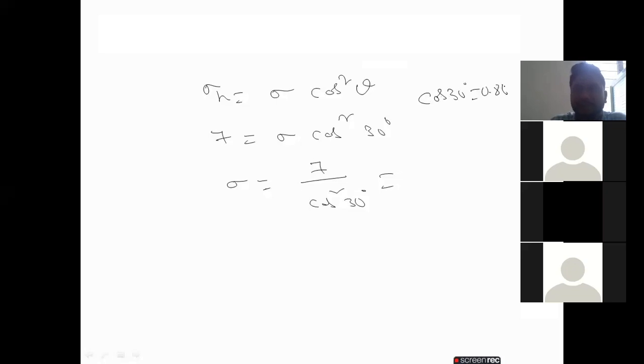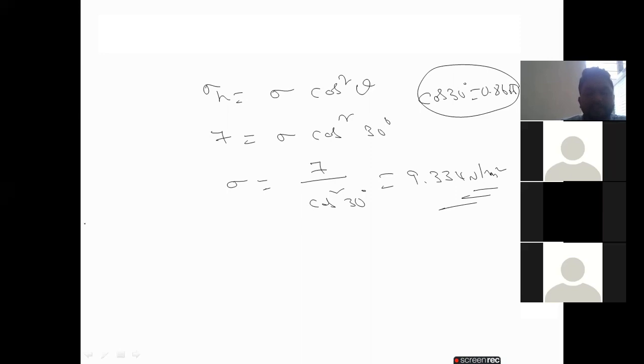Cos 30 is 0.866. Yes, and Aishwarya, your answer is right. The answer is 9.334 Newton per mm square.